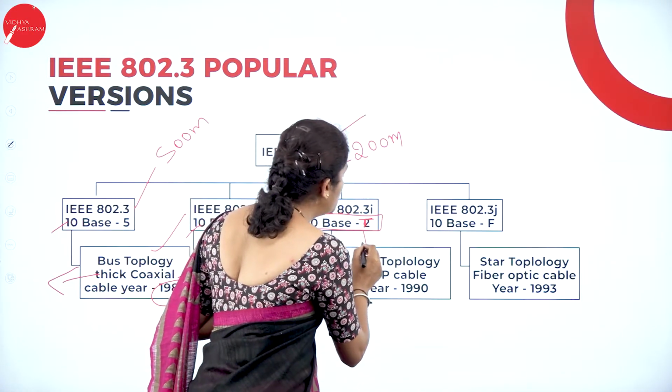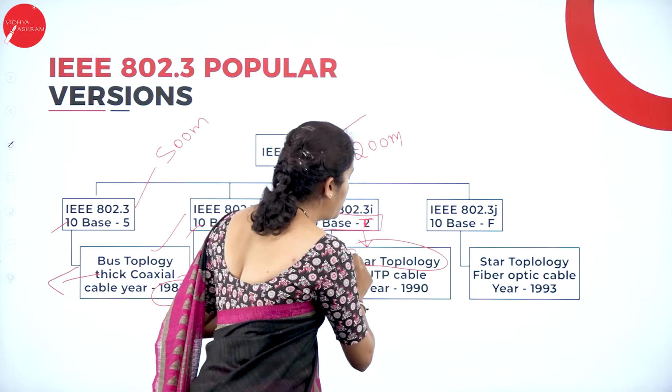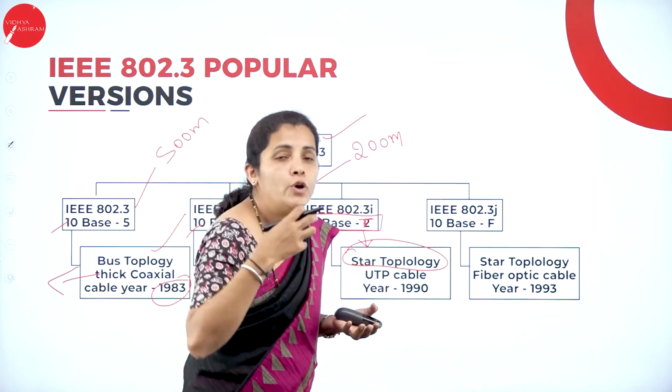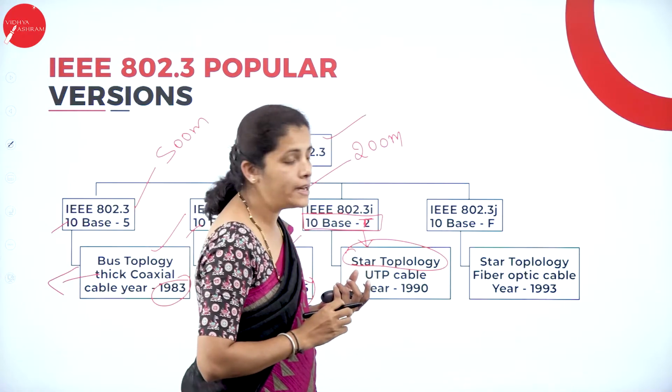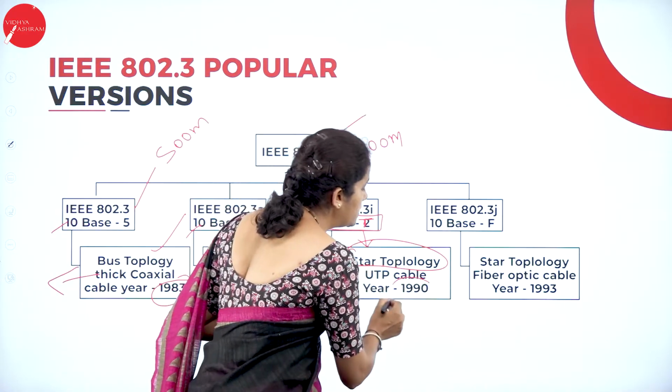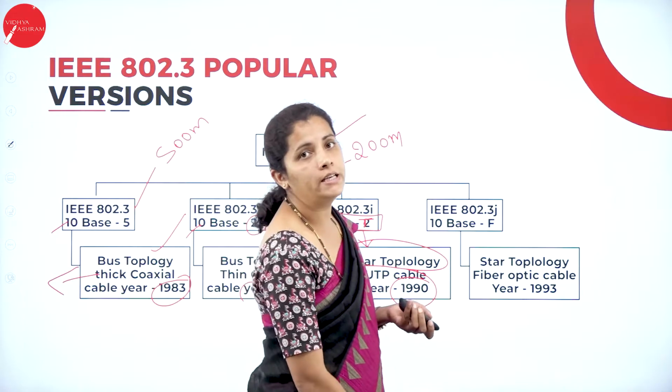So it is used in star topology. It is going to make use of unshielded twisted pair cable and it was introduced in the year 1990.